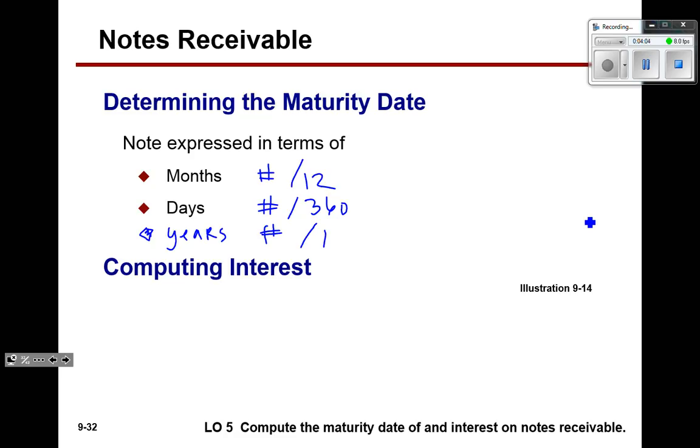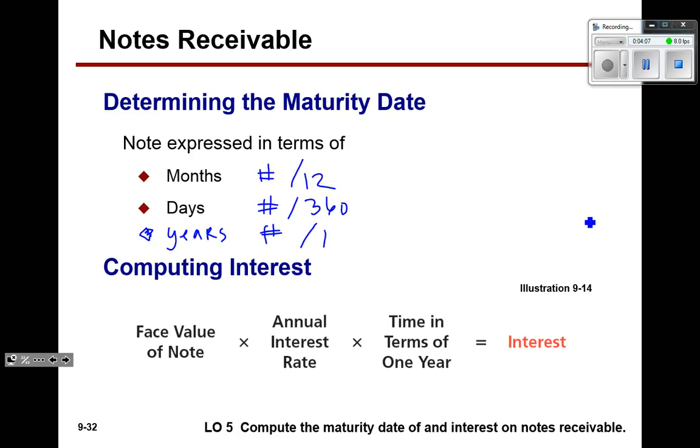As far as computing interest, you run a little simple formula. And if you've taken my basic business class, you've done this before. We talk about this in personal finance, so this is a little bit of review from other classes. You take the face value of the note, again, me calling it principal, I don't know if the book ever calls it principal, and some determined interest rate. I think right now in the housing market, if you go take out a 30-year mortgage, it's right around 4% that you're going to pay that lender.